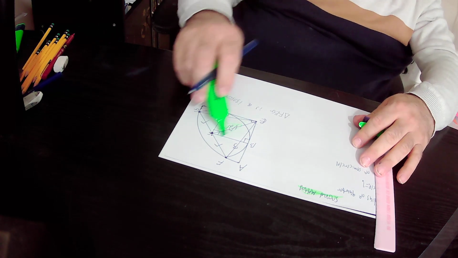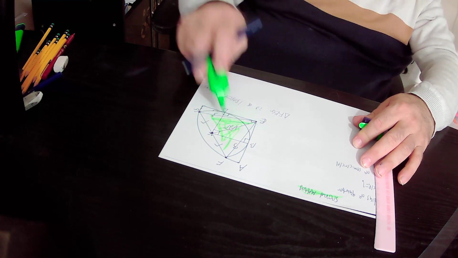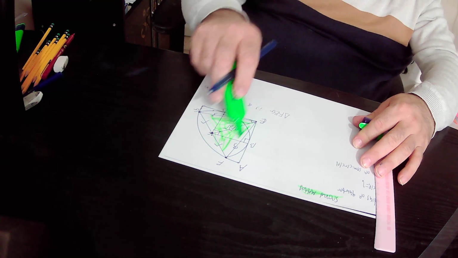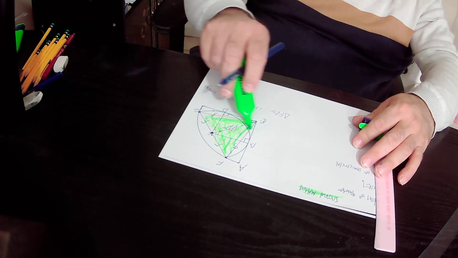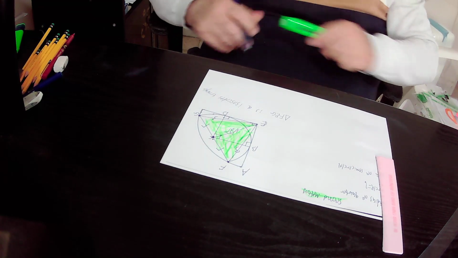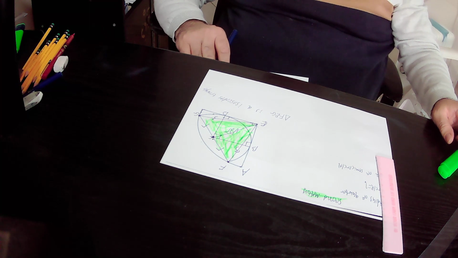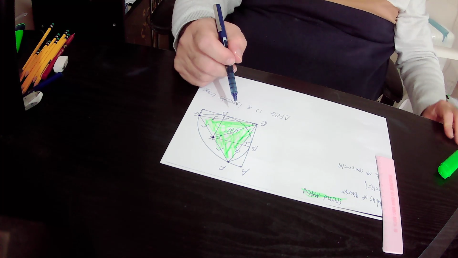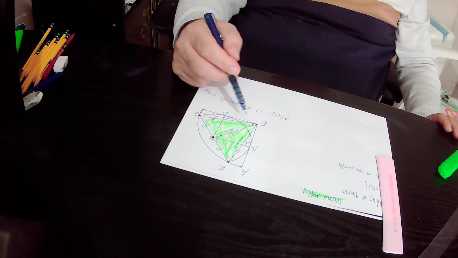Here, the green triangle, triangle EGF is an isosceles triangle. And we have another rule, and actually EC is the median to the base.